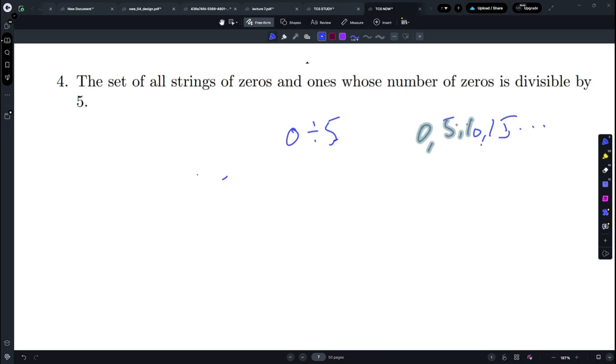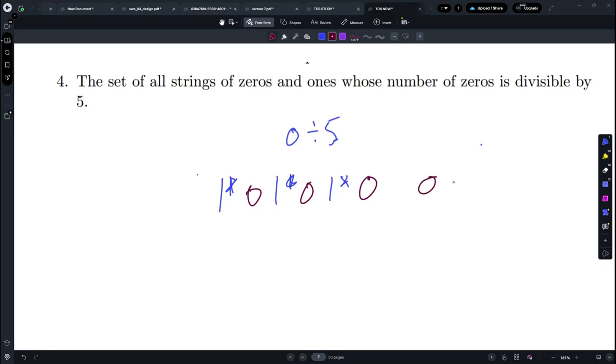So any number is divisible by 0, of course, and moving on with 15, 20 and multiples, meaning that every single loop will look something like this: as many number of ones as we have, it doesn't matter, but then we lock a 0. We can of course do it like this. First make another one, or maybe do it like this, that 1 2 3 4 5.